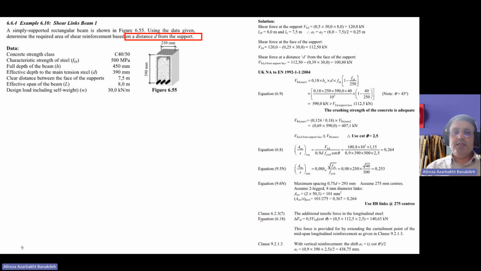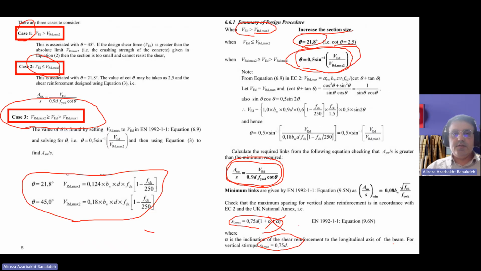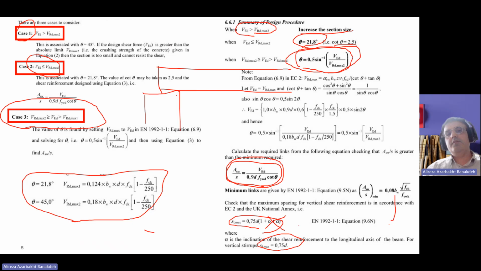Another point is that when you're designing a beam, for example, this is the support, and this is a simple beam lying on this support. When you want to design for the shear forces, the code enforces you to design for the section at a distance d from the face of the support.